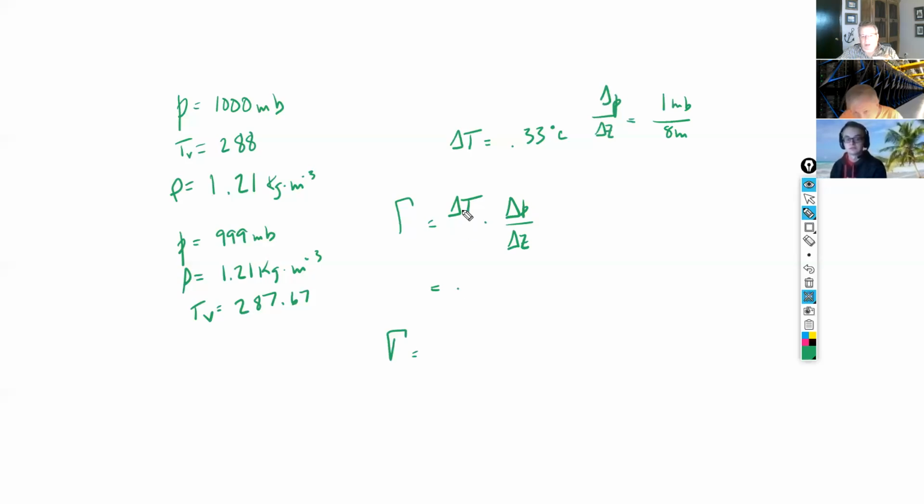Right. So, but what is this? It's 0.33 degrees Celsius divided by 8 meters times delta P, which we said is 1 millibar.